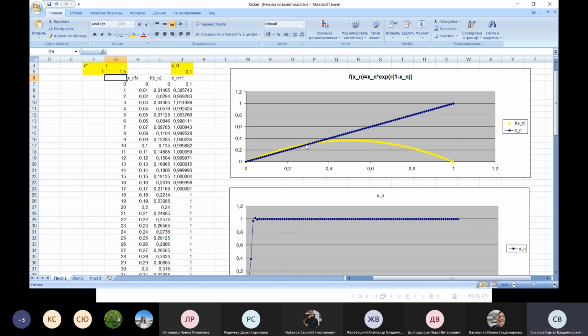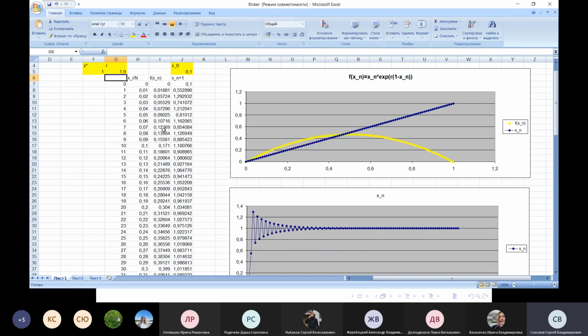And moreover, the line, our right-hand side of the equation, now intersects the line x_{k+1} equals x_k. So at the intersection there is another steady state, but it is unstable now.